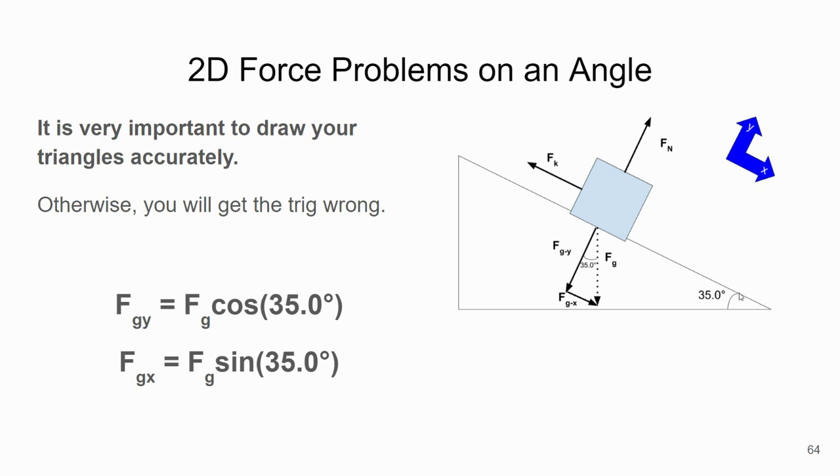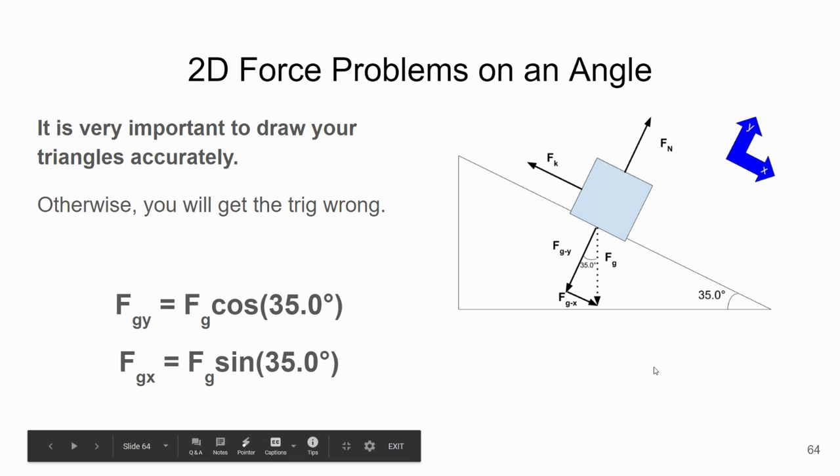If you've drawn this correctly, you'll be able to see that this angle in here, this theta, is the same as this theta down here. If you don't draw it correctly, you're not going to be able to tell which angle is the 35 degrees. Is it this one or this one? So it's critically important to do that correctly.